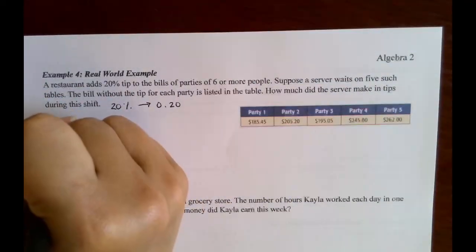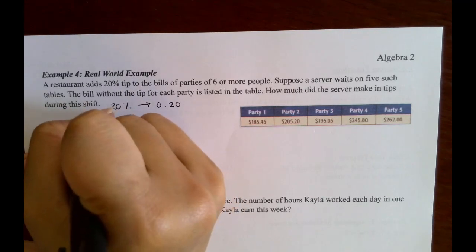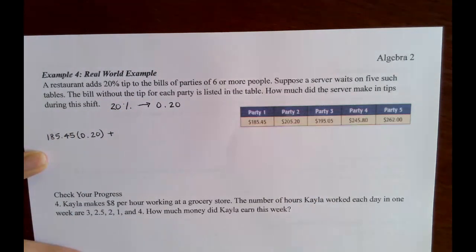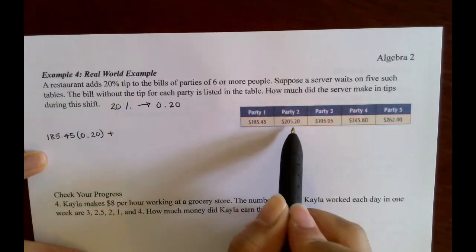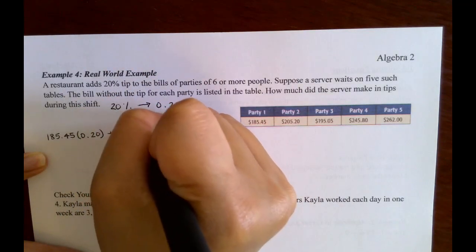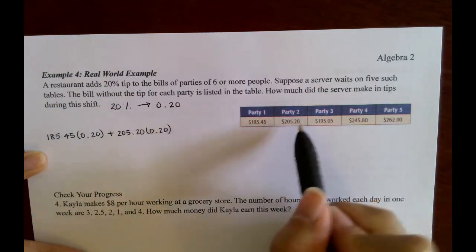So I'm going to start with my 185.45 and then I'm going to multiply it by the 0.20. Okay, that's party 1. Okay, then I'm going to do party 2, 205.20 times my 20% tip. Okay, that's party 2.